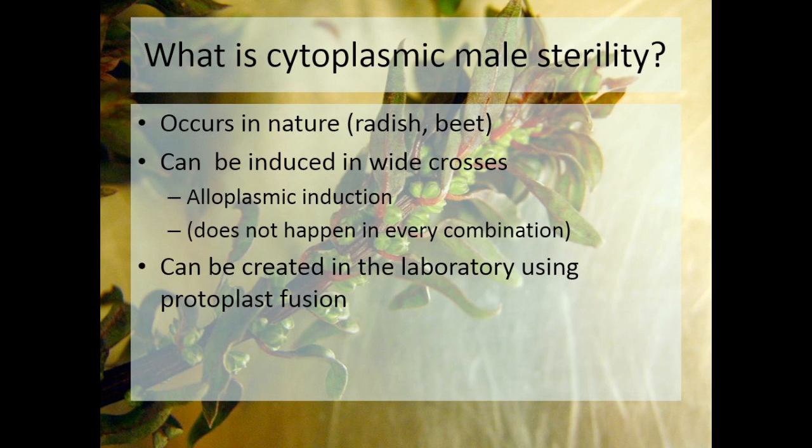Another way that you can get cytoplasmic male sterility is through wide crosses. For example, in beans, we've found cytoplasmic male sterility by crossing scarlet runner bean with common bean. The two genomes are different enough, or the organelle genome is different enough from the nuclear genome, that you get this incompatibility, and it leads to CMS.